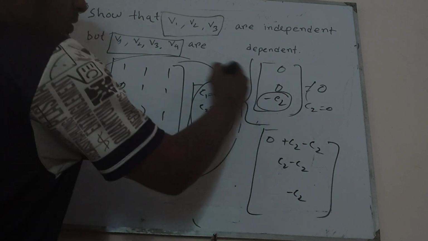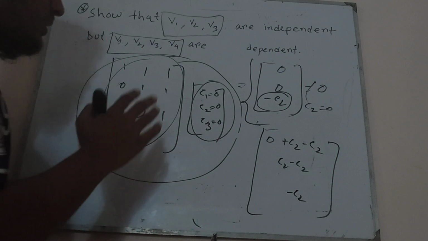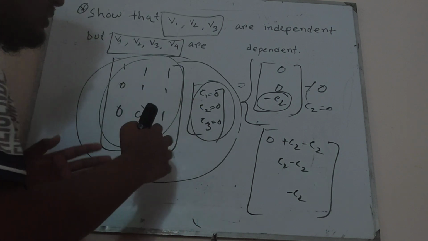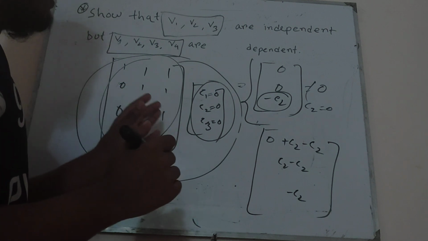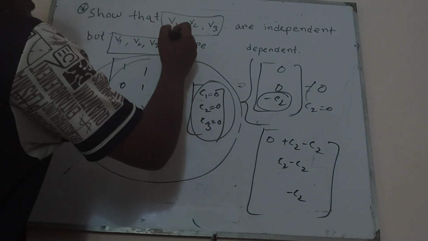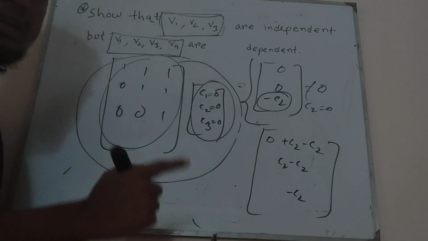Without that, this linear combination can't be 0. So by this we see that V1, V2, V3 are linearly independent.